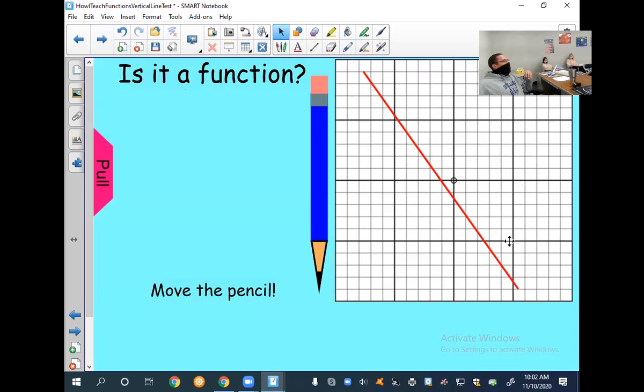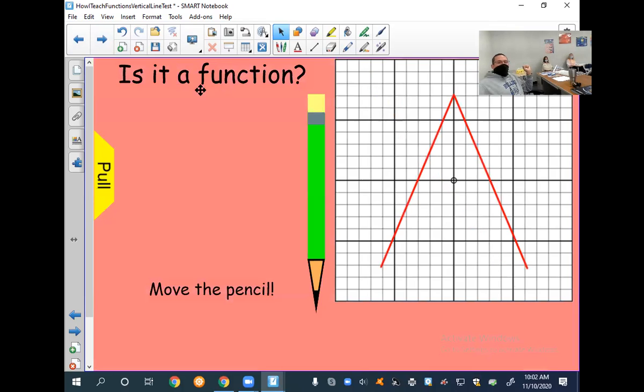Okay? Straight lines are pretty cool because they're almost always functions. The only one that's not a function is which one? Up and down. What do you think the only one that's not one-to-one is? Going straight sideways. Yes. Is a function. Is it one-to-one though? Go sideways. I pass how many times?